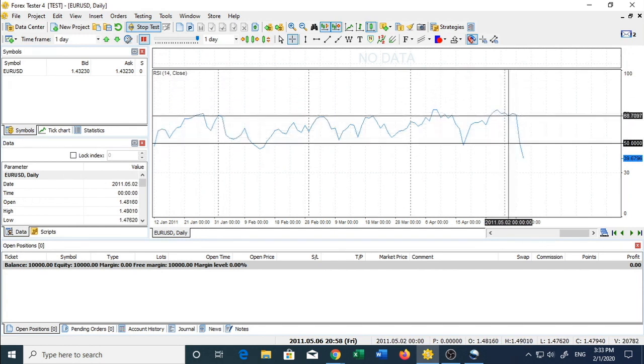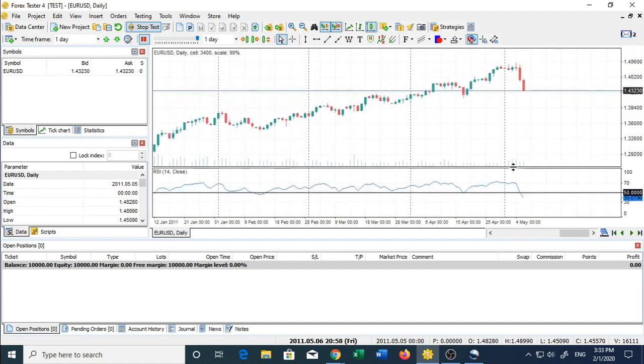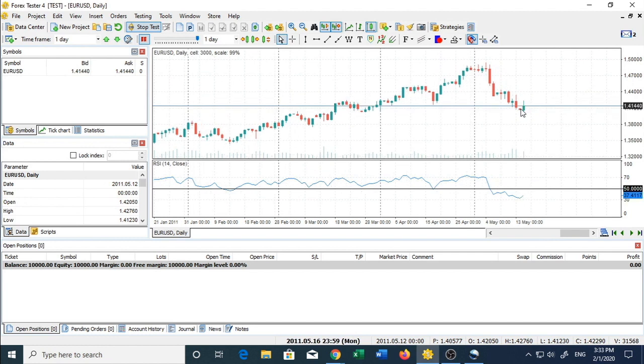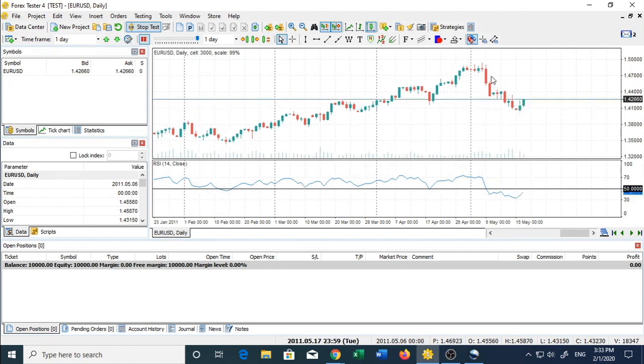Yeah, it happened here, and price just dropped. See, so that's typically how you would use an RSI for signaling a trade, but it's never used as a sole indicator. That's the key takeaway from it.